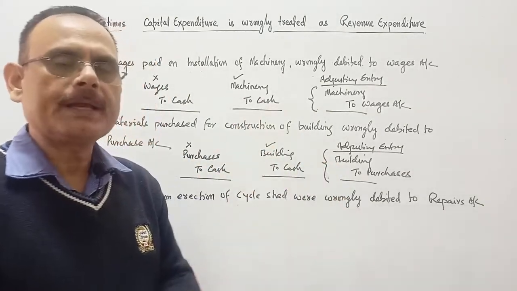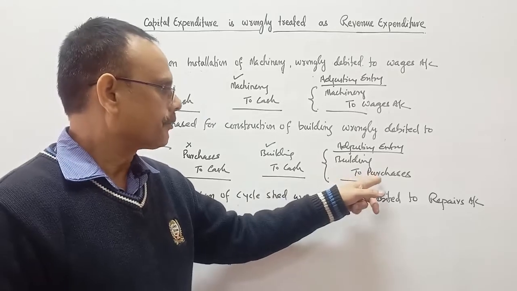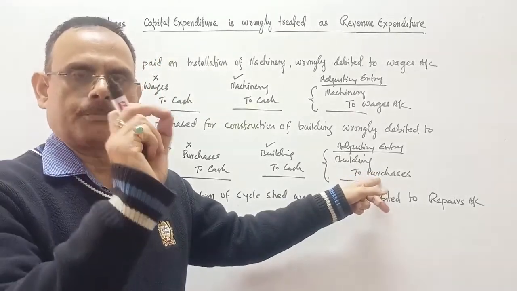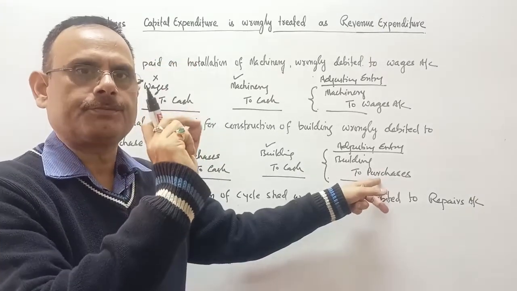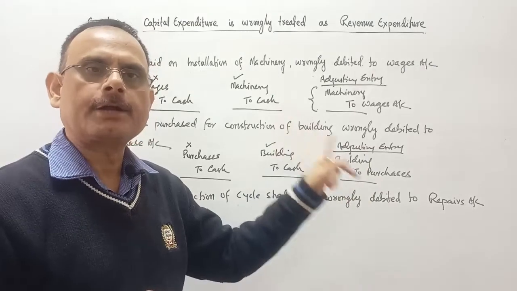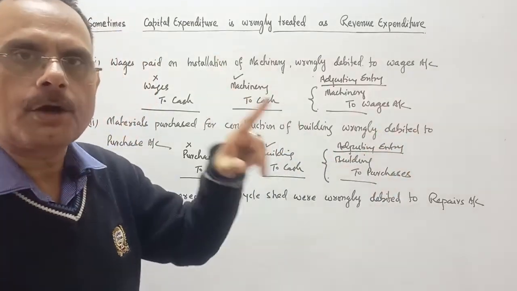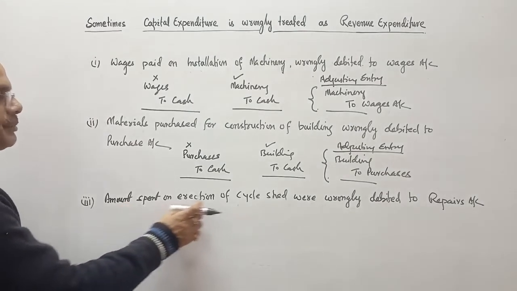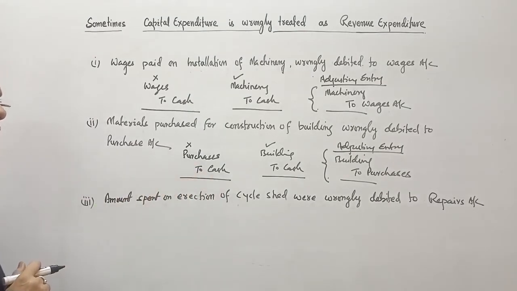So while preparing the financial statement, from purchase in trading account debit side we will deduct this amount, and in balance sheet we add it to building. Now here third, amount spent on the erection of a cycle shed was wrongly debited to repairs account.